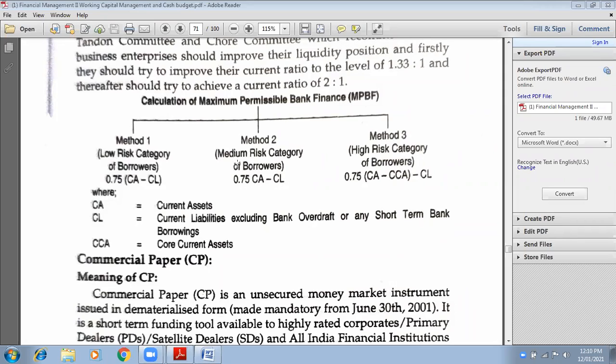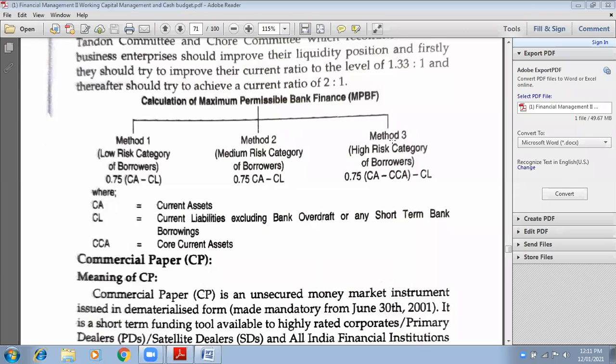Now suppose the answer is 5 lakhs, minus current liabilities. Suppose that is 2 lakhs. So 5 lakhs minus 2 lakhs, your answer will be 3 lakhs. So the bank will give you finance up to 3 lakhs. This is the way method number 2 is formulated.